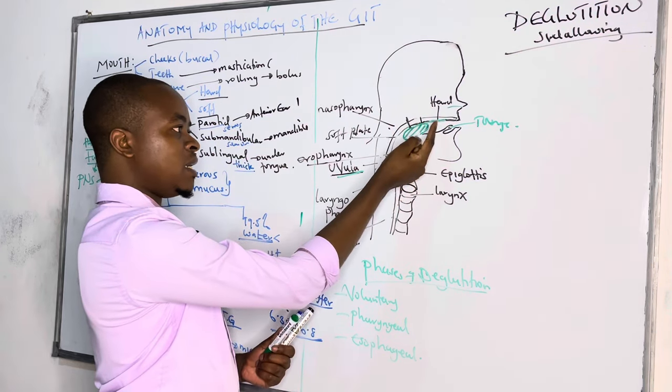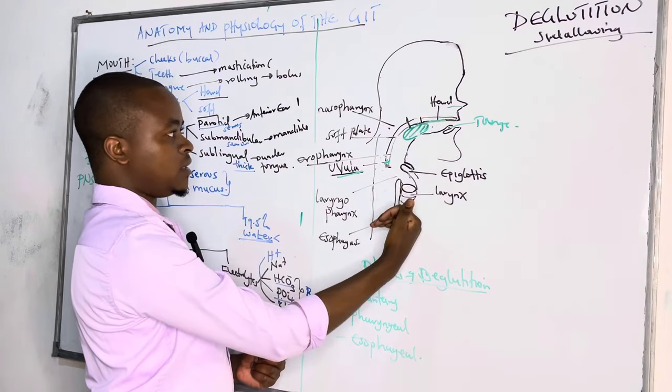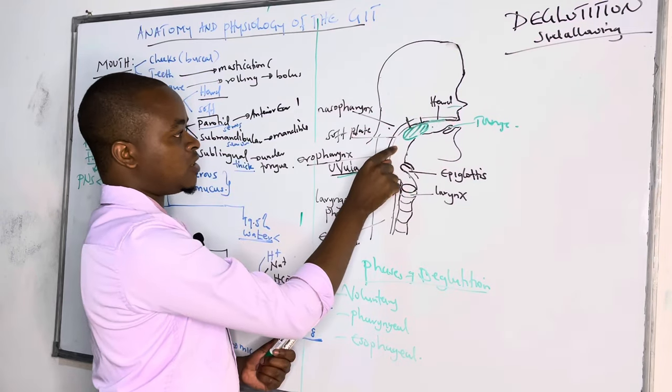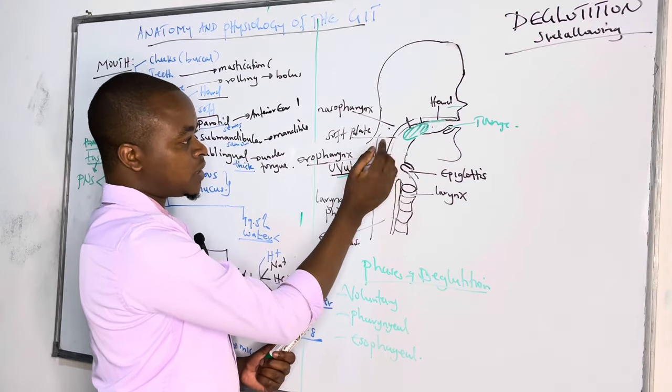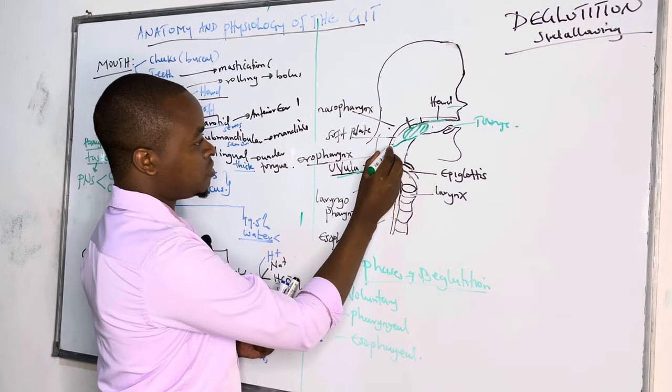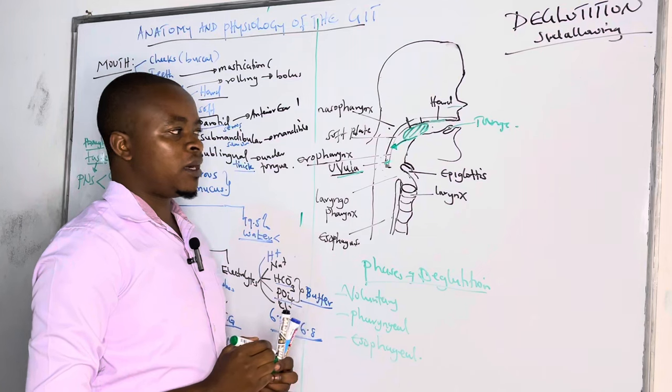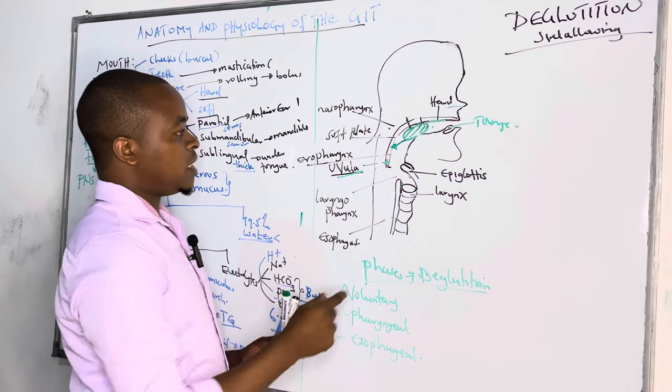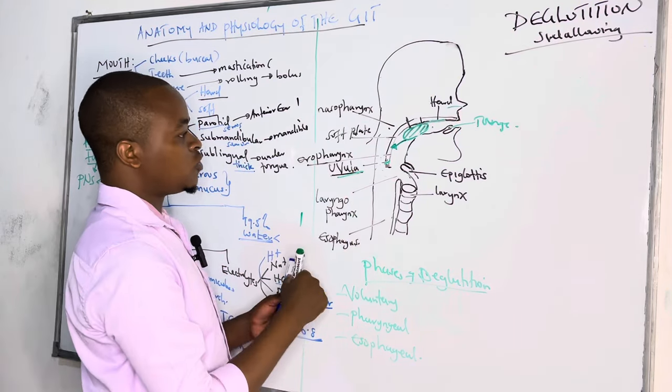And as the tongue rolls like this, it moves it towards the soft palate. Because this palate is soft, the food bolus pushes the soft palate, and it causes the uvula to close.